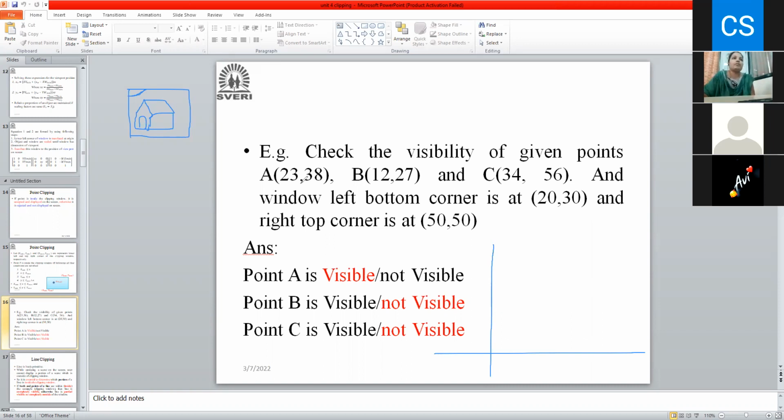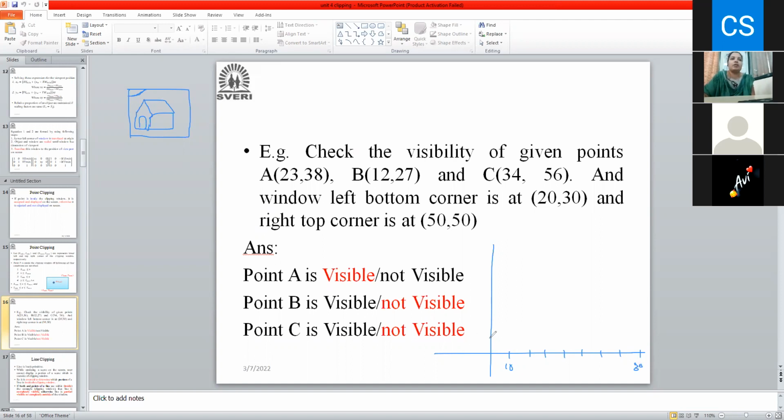So the left bottom corner is 20, 30. So I will have this 1, 2, 3, 4, 5, 6, 7, 8. So these are 10, 20, 30, 40, 50, 60, 70, 80. Up to 80, I have drawn the points.